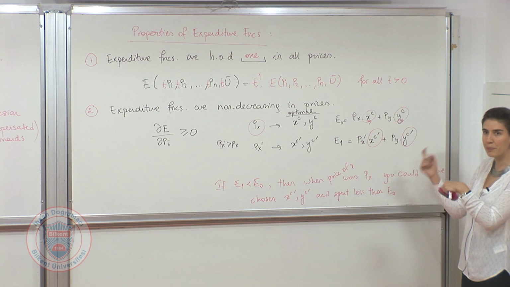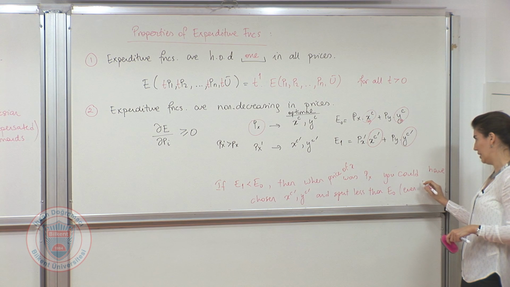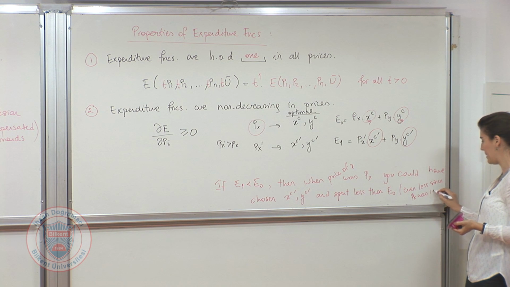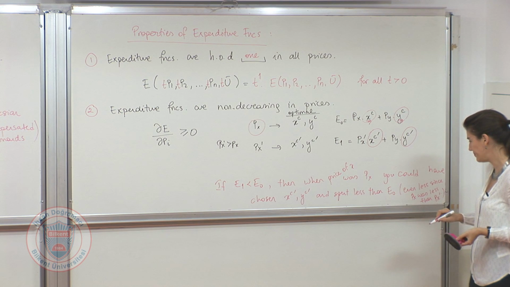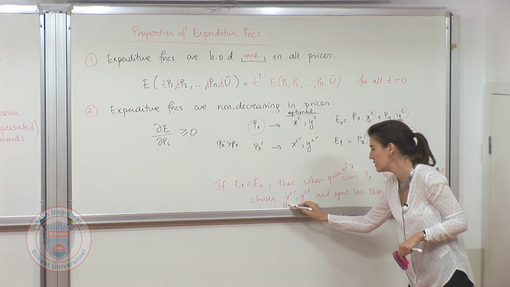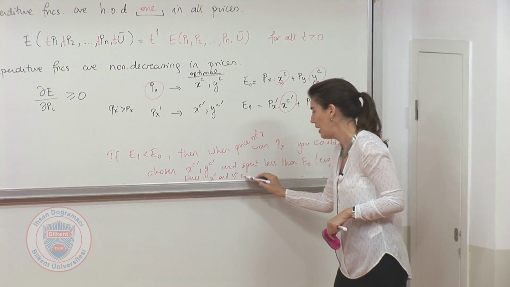And remember, the price was even lower, since px was less than px prime. Hence, xc and yc cannot be optimal.